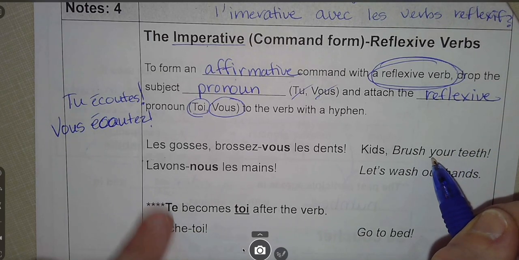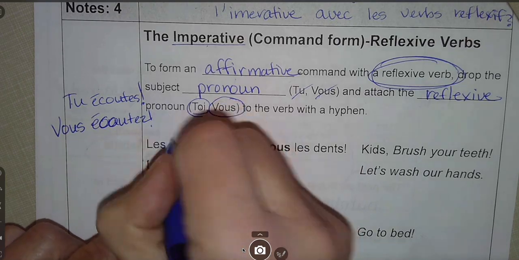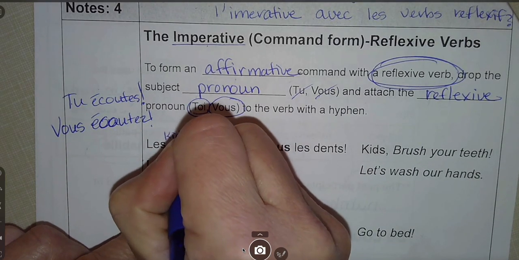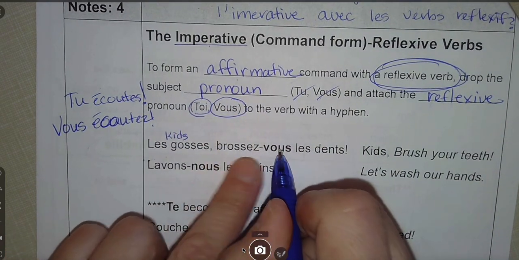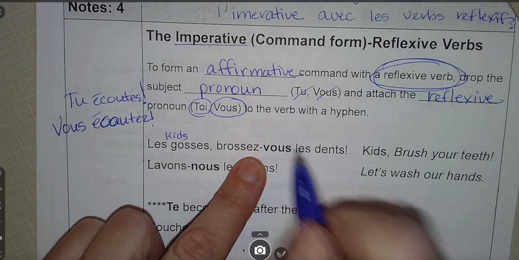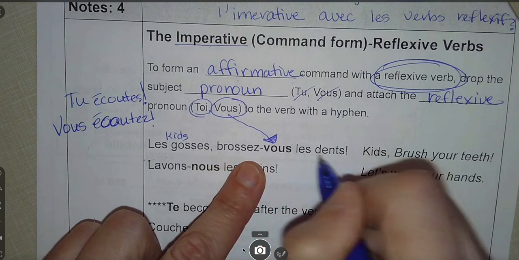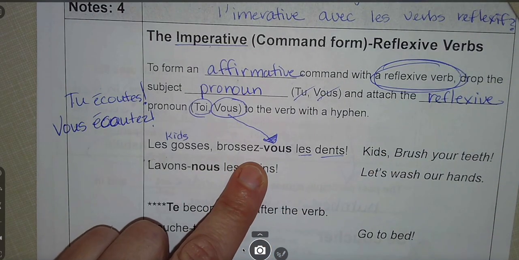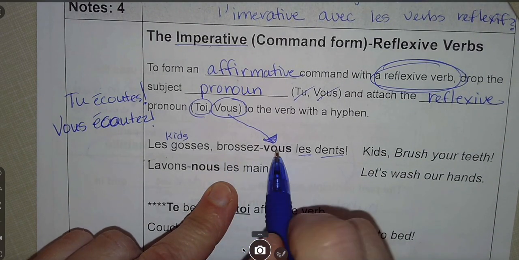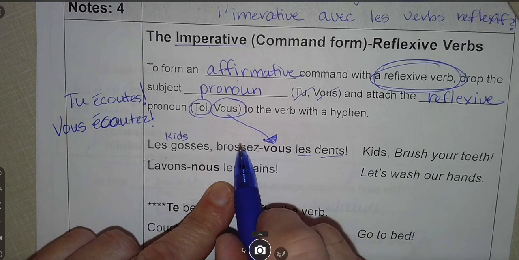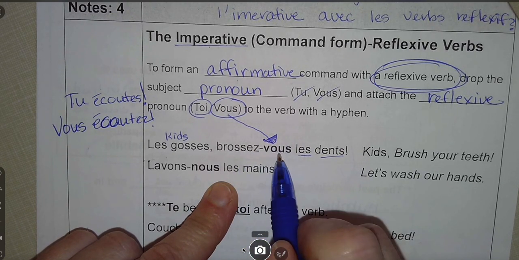So we would say les gosses, which is the word for kids, brossez-vous. Okay, here's where we add that. Brossez-vous les dents. Brush yourself the teeth. Brossez-vous les dents. Talking to both the kids.